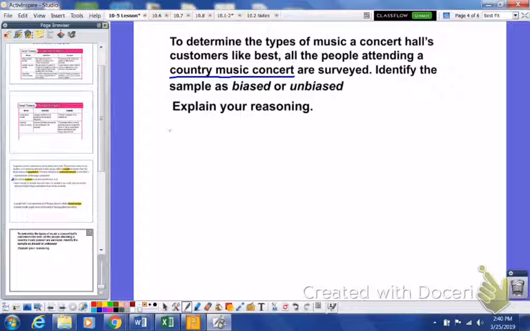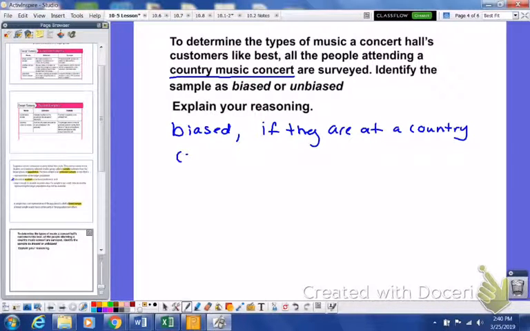So we're going to say it is biased, because if they are at a country concert, they probably favor country music.